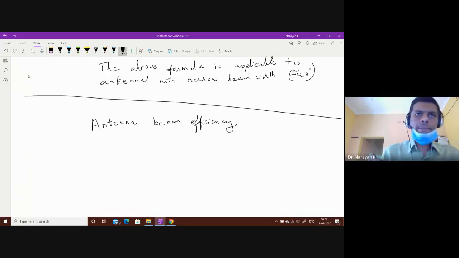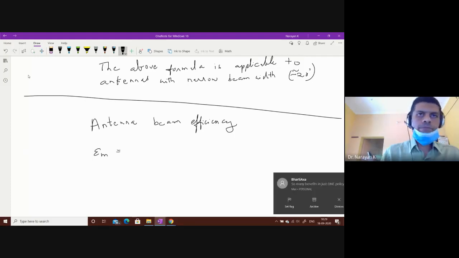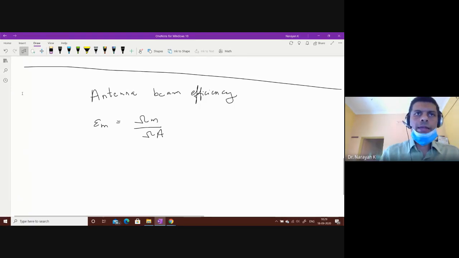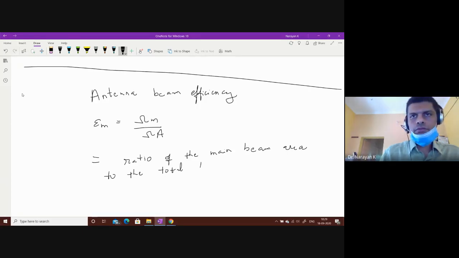Antenna beam efficiency, given as epsilon M, is equal to omega M divided by omega A, given by the ratio of the main beam area to the total beam area.